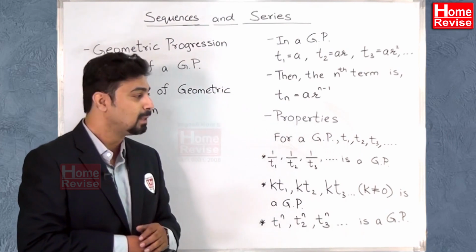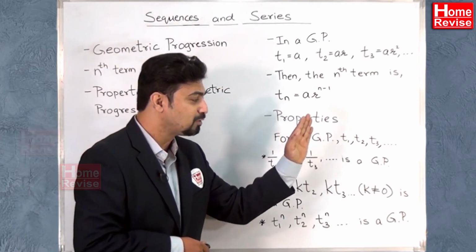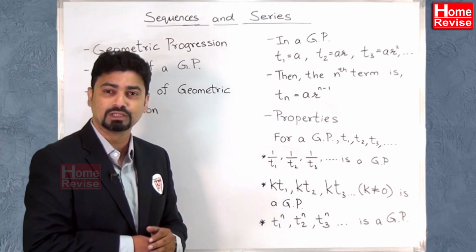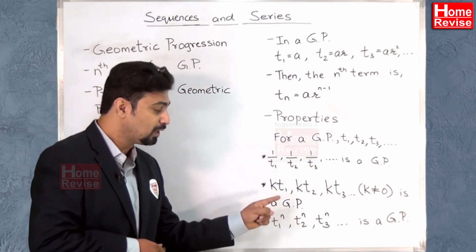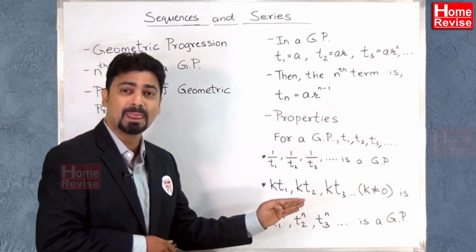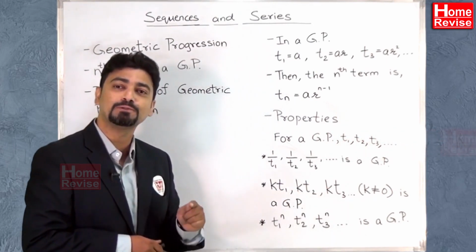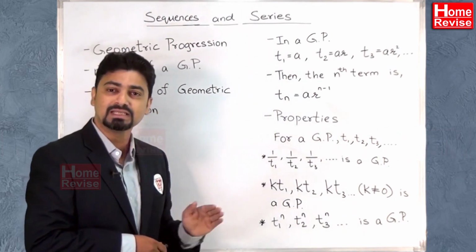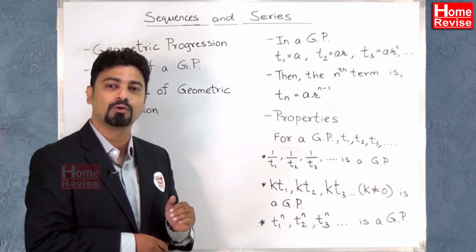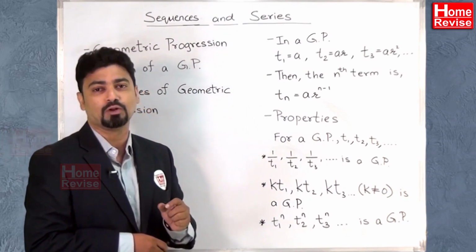The last property is, if T1, T2, T3 and so on is a geometric progression, then T1 raised to n, T2 raised to n, T3 raised to n and so on will also be a GP, that is geometric progression.